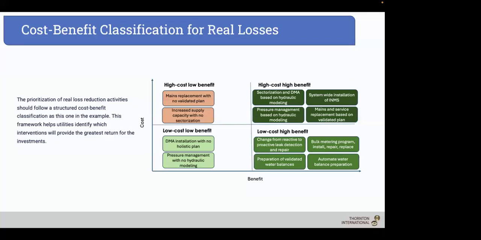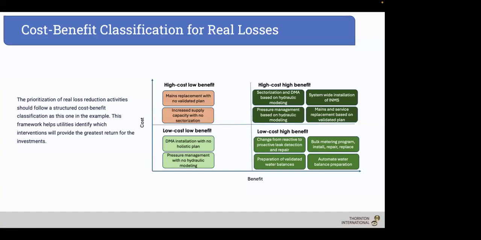The prioritization of real losses should follow a cost-benefit classification, as this one in the example. It shouldn't be the same for every system. These frameworks can help the utility to identify which interventions will provide the greatest return for the investments.